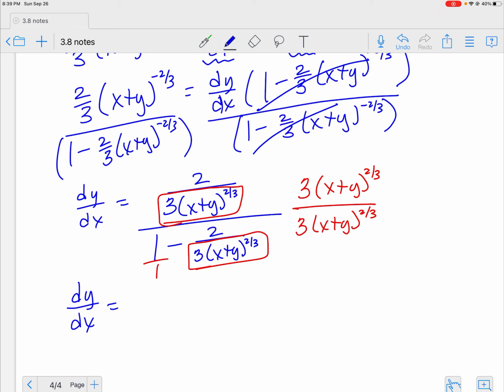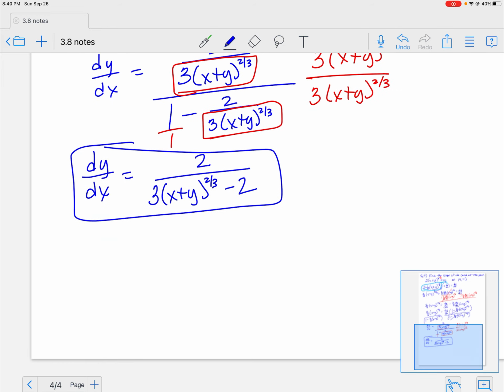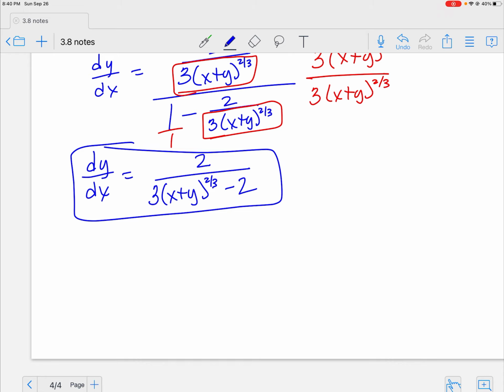So dy/dx actually equals 2 over, now 1 times anything is itself, 3 times (x plus y) to the 2/3 minus 2. And look how much nicer that is. That is so much nicer to try to plug this value into. Yes, if you can simplify, algebra, learn it, love it. We get to practice so much in calculus, way more than you do in actual algebra. But we get to practice so much in calculus that we're good.